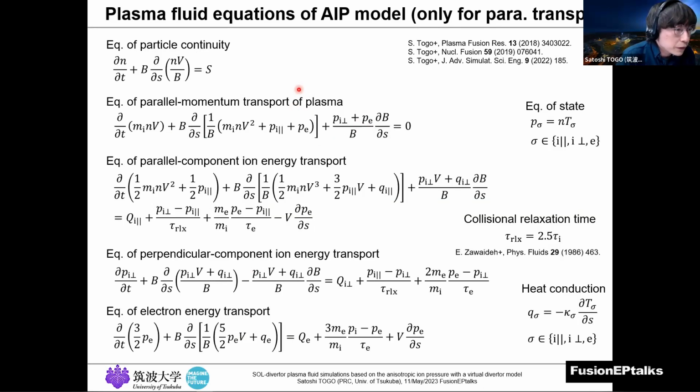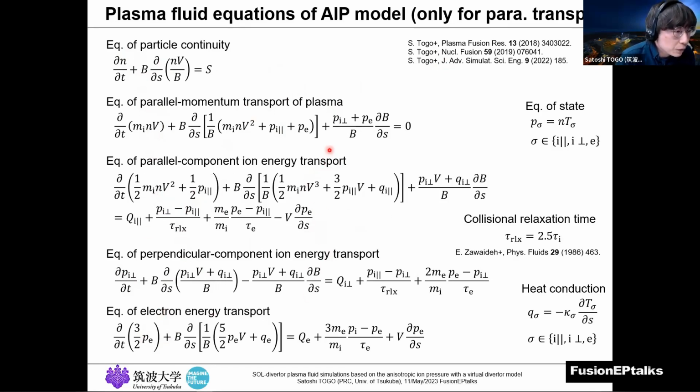Here we show the basic equations solved in AIP model. All of them only consider the parallel transport. And 5 variables, that is density, parallel ion flow, parallel ion pressure, perpendicular ion pressure, and the electron pressure are solved by solving these 5 equations.